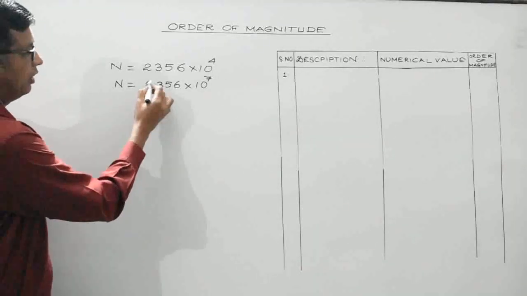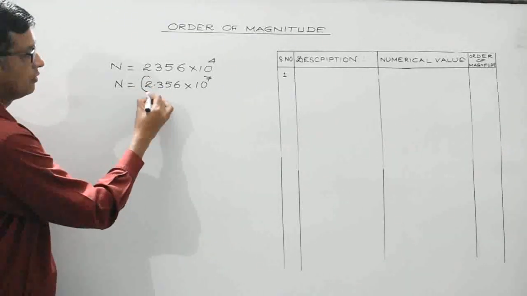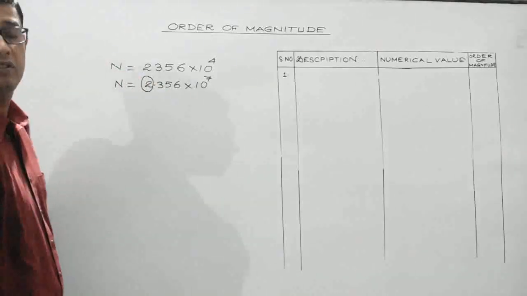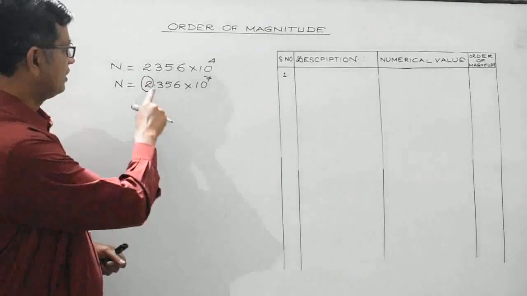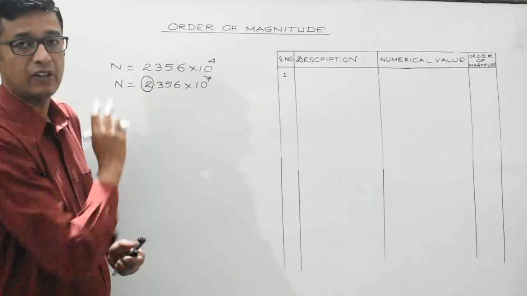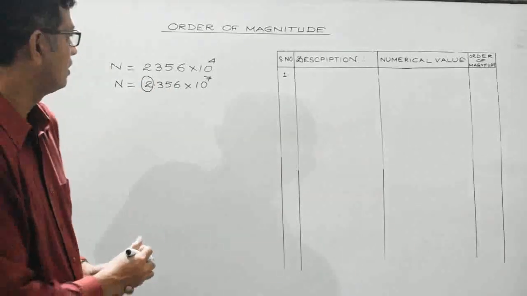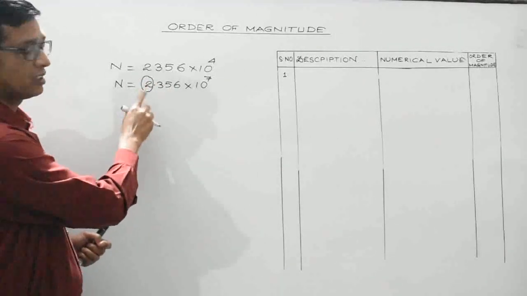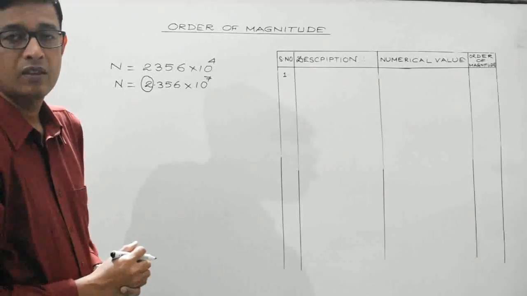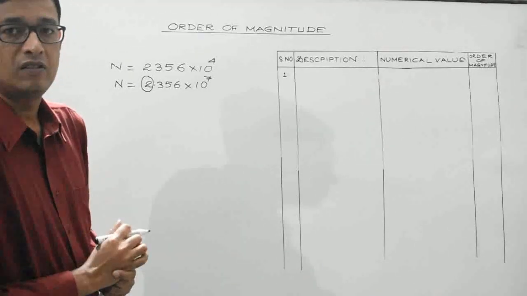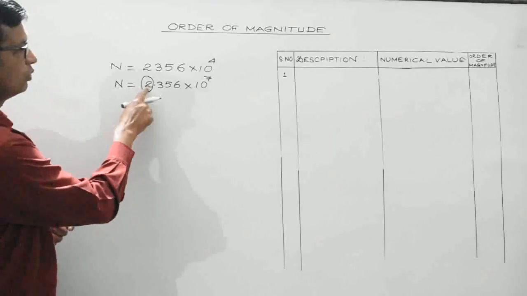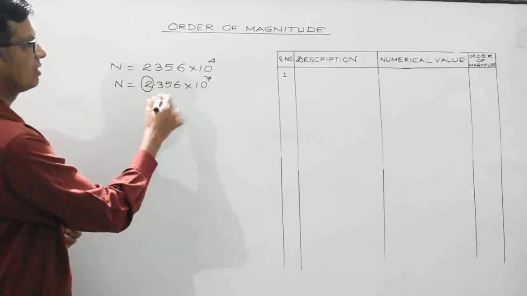Now you need to concentrate on the first digit. If this digit is less than 5, I repeat, if this digit is less than 5, then it is considered to be 1. So in this case it is 2, so it can be considered to be 1.